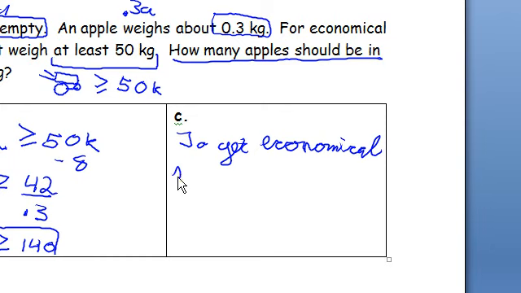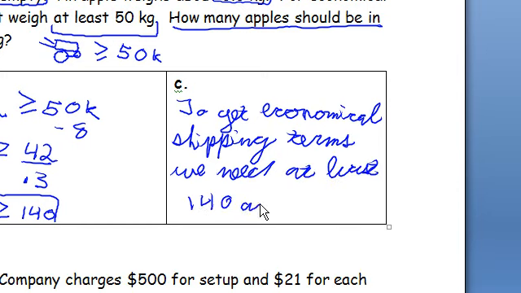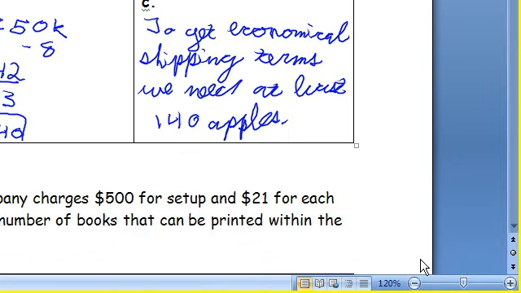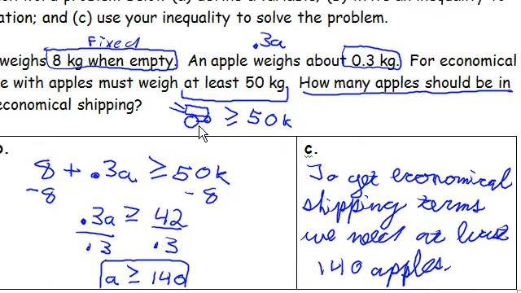To get economical shipping terms, we need at least 140 apples. So the trick is really trying to figure out what is going on in terms of our inequality and then relating that to a real-life equation.